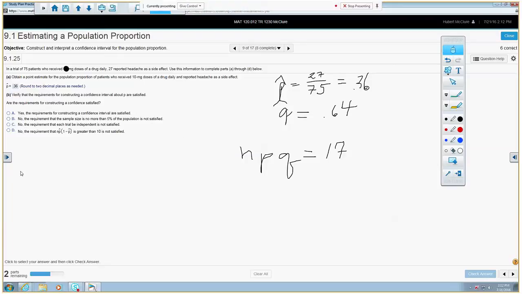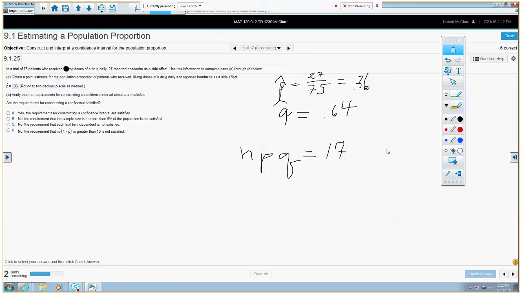All right, so let's just read what the question says, because our NPQ is 17. Are the requirements met? What does the requirement mean? Look back at the sheet that I gave you. What is NPQ supposed to be greater than?